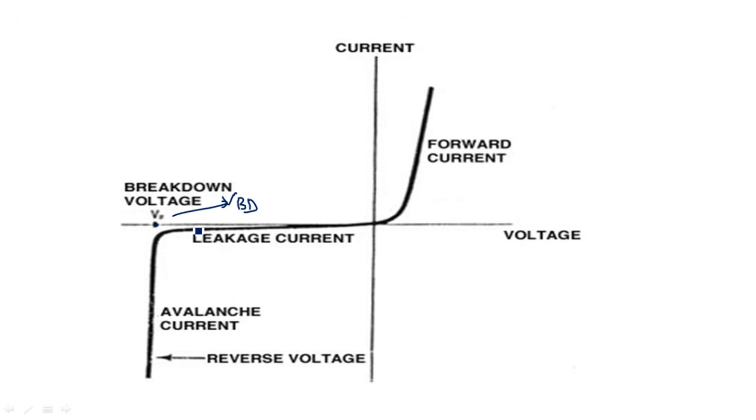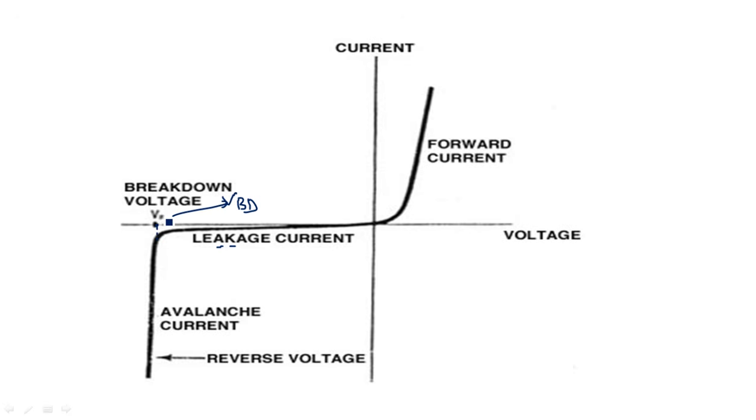We can say it is a leakage current which occurs in the reverse biased condition. At this breakdown voltage and beyond, current increases drastically, and due to the multiplication of charge carriers, a maximum amount of current flows. This region is known as the avalanche region, and the current is known as avalanche current. This is due to multiplication of charge carriers.